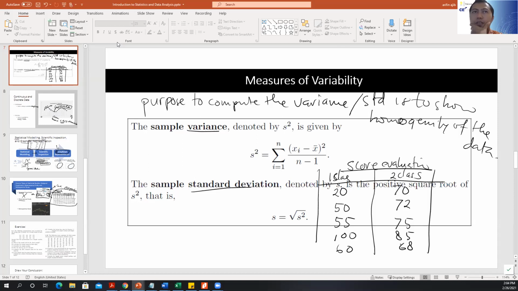Okay, and then we draw the data. We draw something like this. First, we have to sum up together. Sum up together, we can compute.